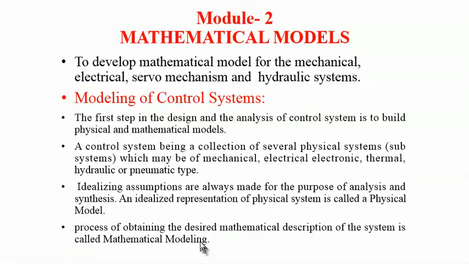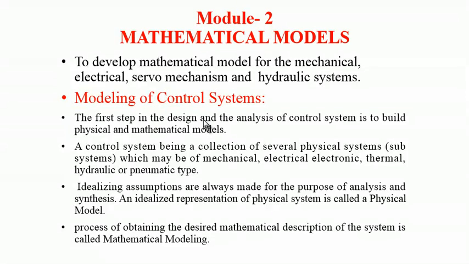I think you understood this. What is a mathematical model? Modeling of control system. Why do we need the modeling of control system? To analyze and design, as the initial step of your manufacturing.